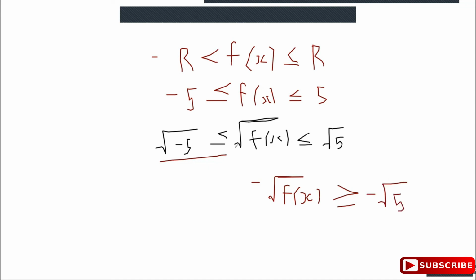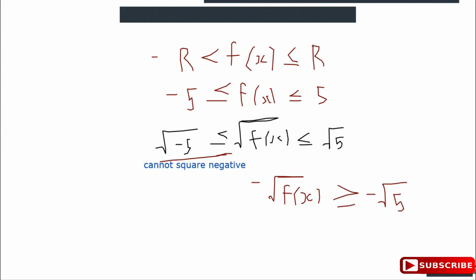Remember, we throw away the other side of the inequality because we cannot square root a negative, not in unit 1 at least. So we focus on this side to get minus the root of f of x greater than or equal to minus root 5.